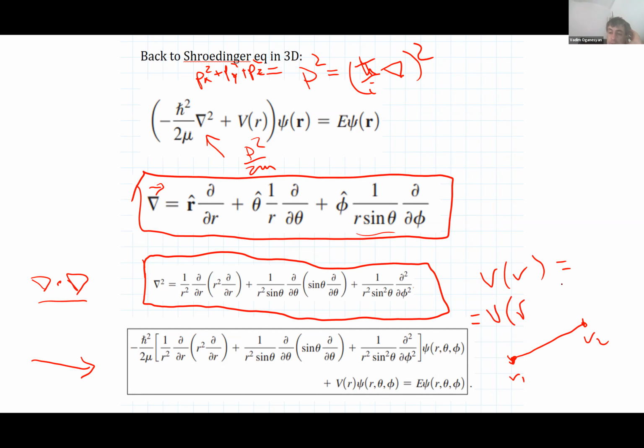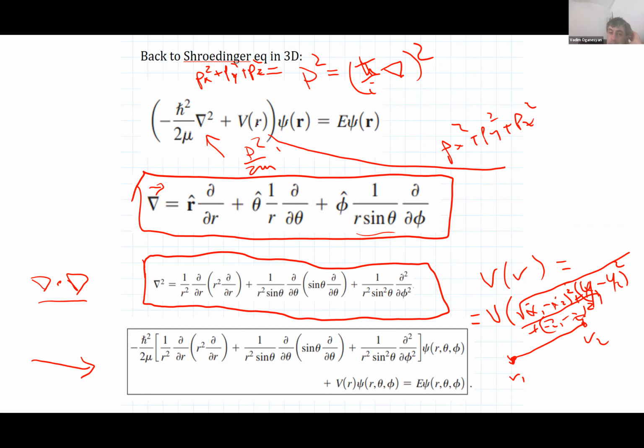So it's V of the square root of x1 minus x2 squared plus y1 minus y2 squared plus z1 minus z2 squared, and you can see very clearly that whereas the kinetic energy part is nicely separated in Cartesian coordinates, the interaction part, the potential part, mixes, or rather couples, x, y, and z. So it's hopeless. So you have to look for a better coordinate system.